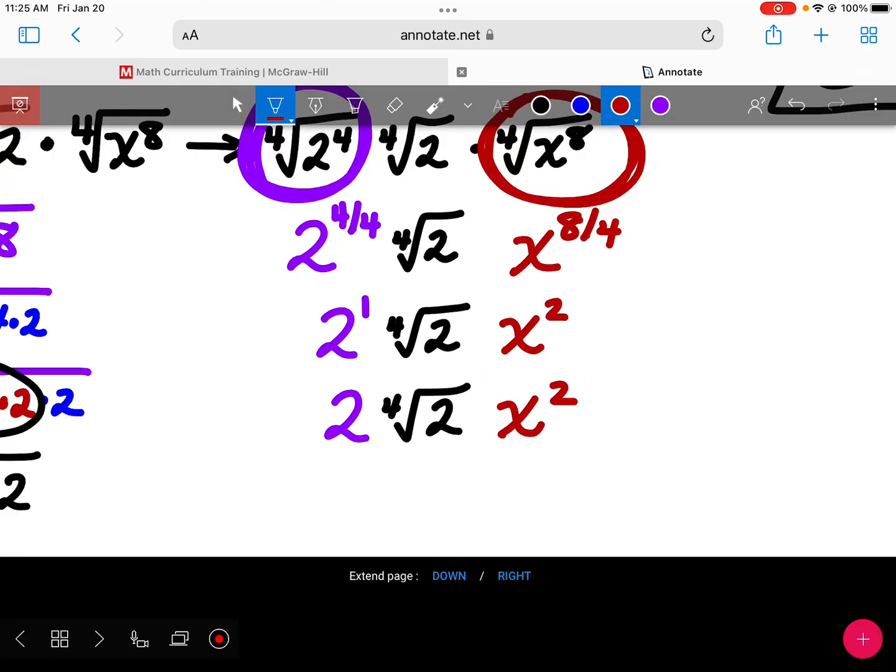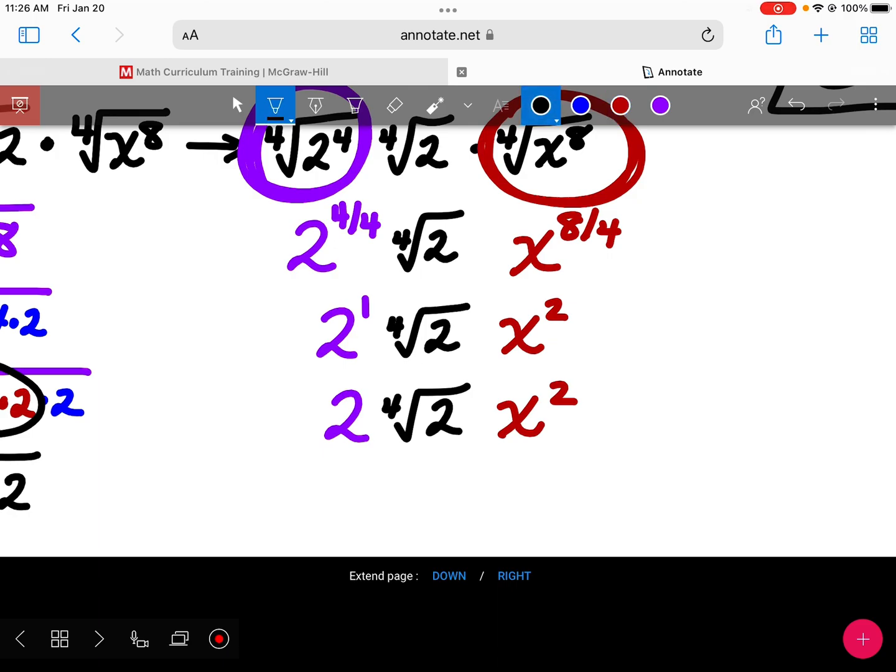So this right here is fully simplified. There's nothing wrong with that answer. It's just not in the order that we normally give it. So it's like someone said a sentence to you and you understood what they meant, but they said it really awkwardly, so it sounded weird. What order should I put this in so that it's easier to read?